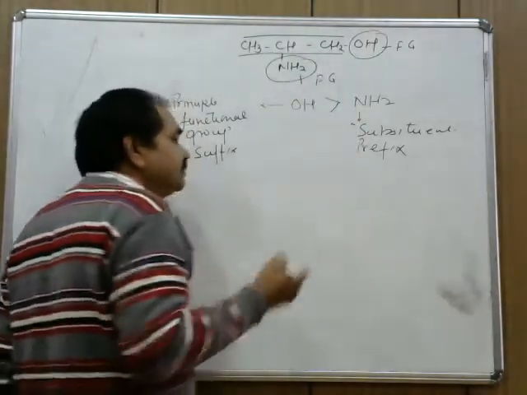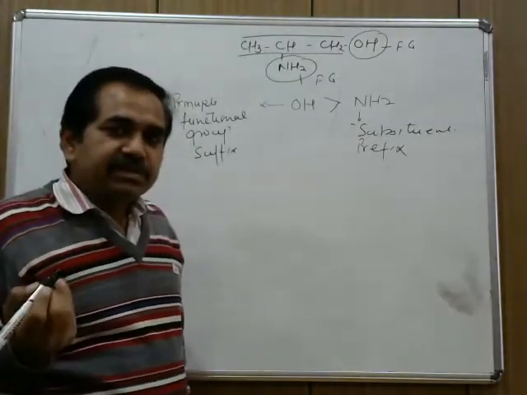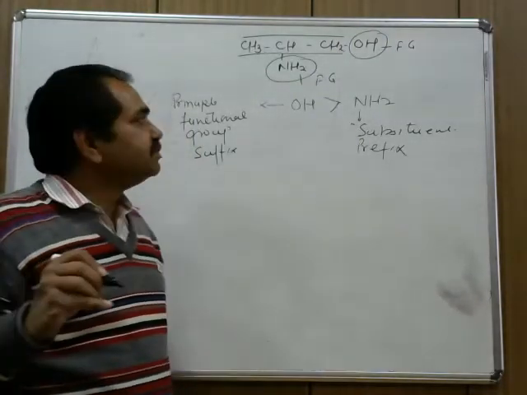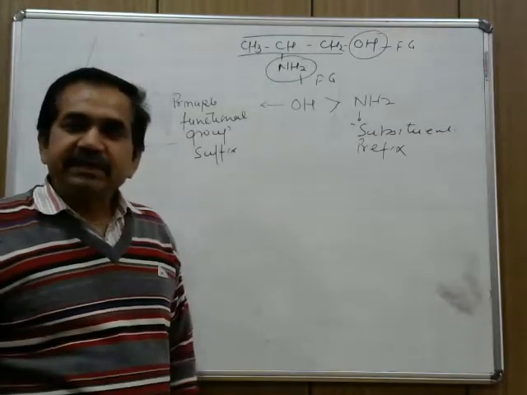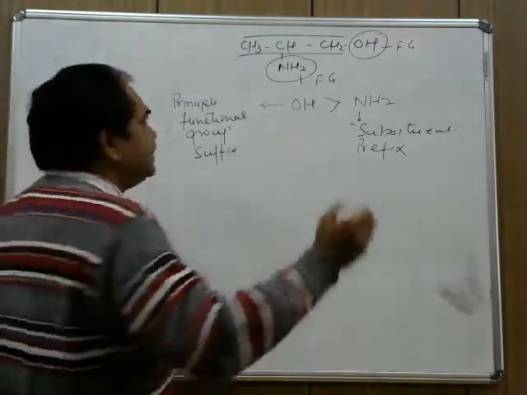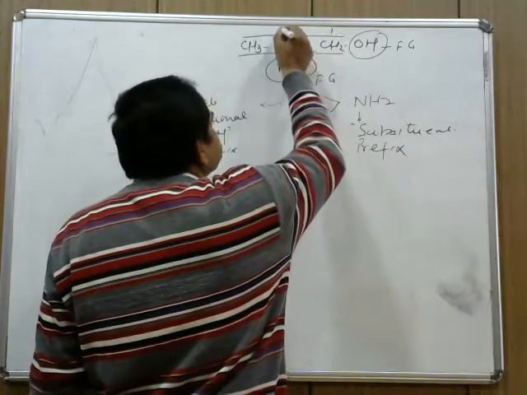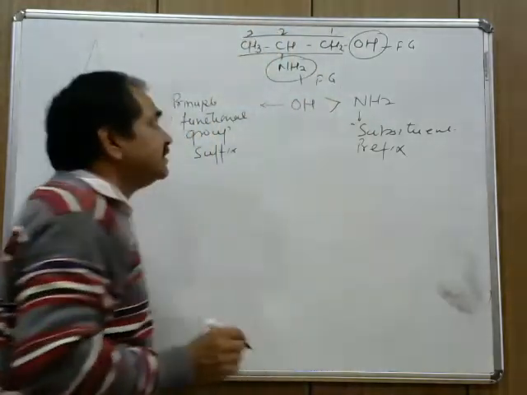Now as I told you, as per the rules, when a compound contains both a functional group as well as a substituent, then it must be numbered from that side which gives the least number to the functional group.